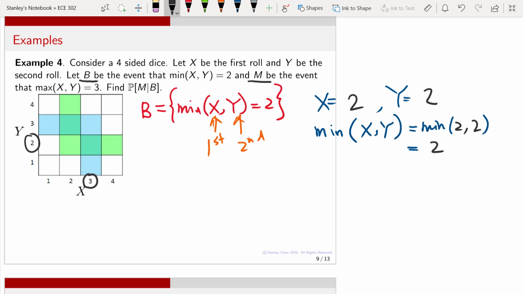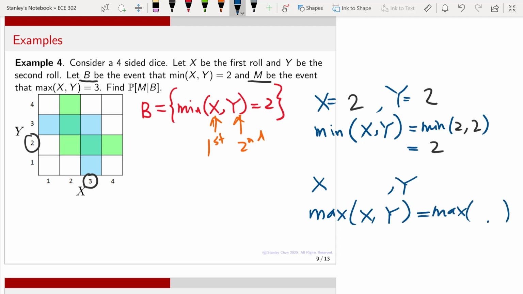How about this event M? The event M can be done in the exact same way. You just look at x and y, and instead of putting a min, you put a max. So we can do a very quick experiment. Let's say you are looking at x equals 3 and y equals 1. The max of 3 and 1 is 3, because 3 is bigger than 1.